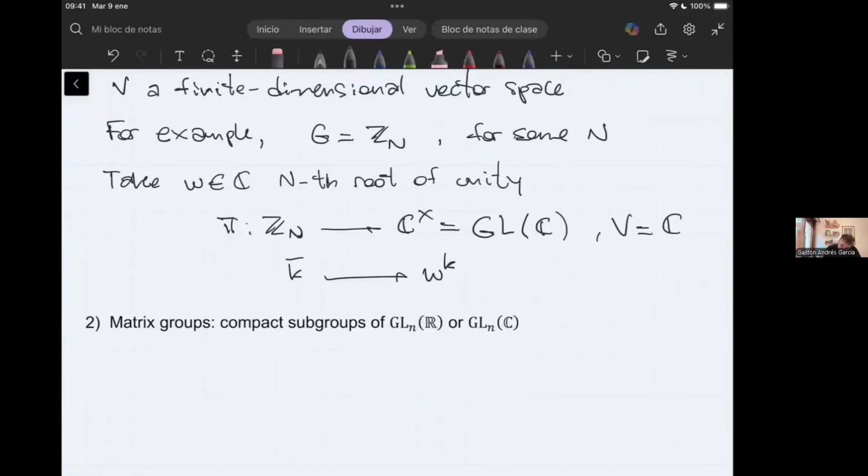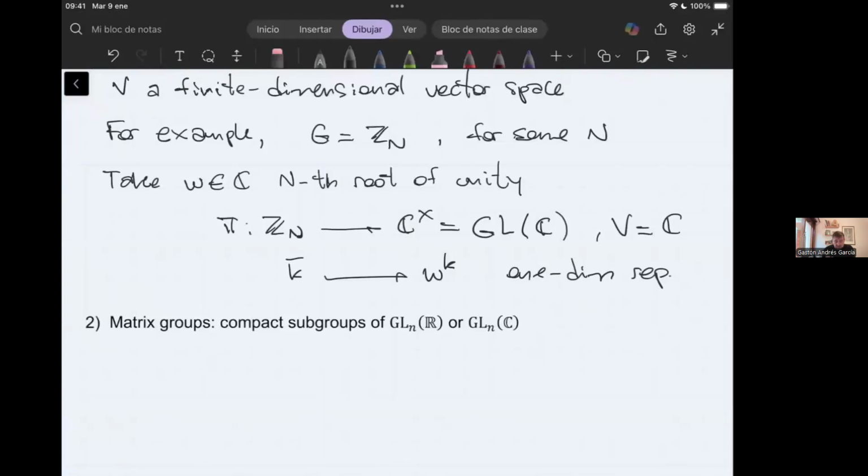So it is one-dimensional. In this case, we are looking at the elements of the cyclic group of order n as numbers, roots of unity, that are inside the circle group, but they are finite.